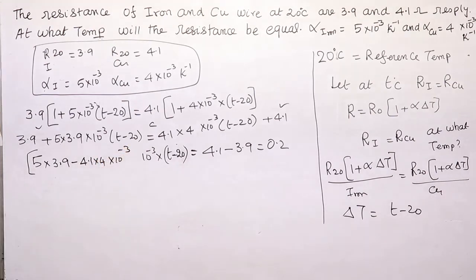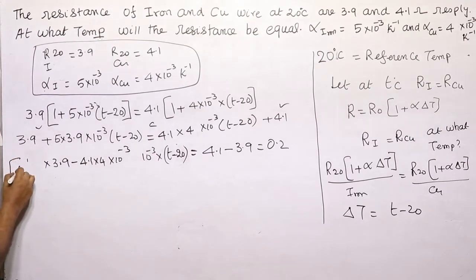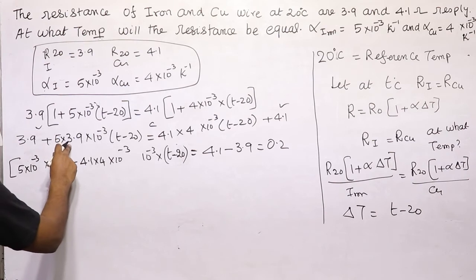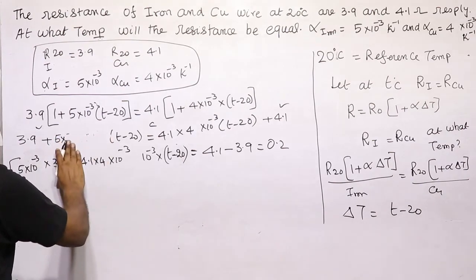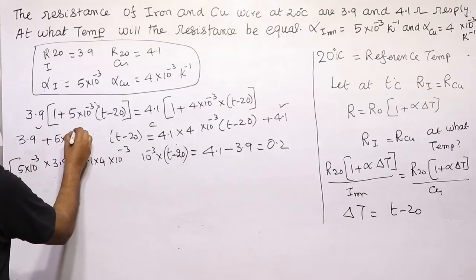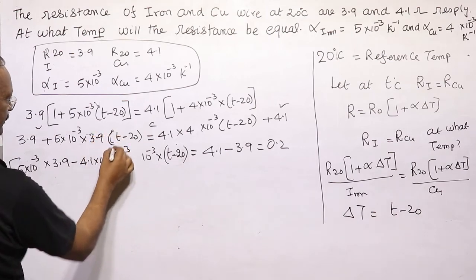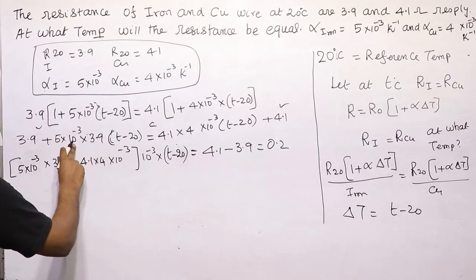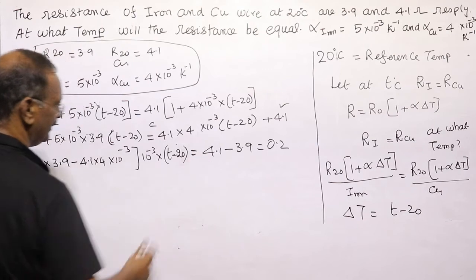This is 5 into 10 to the power minus 3 into 3.9 into T minus 20. So we have taken common 10 to the power minus 3 and T minus 20.